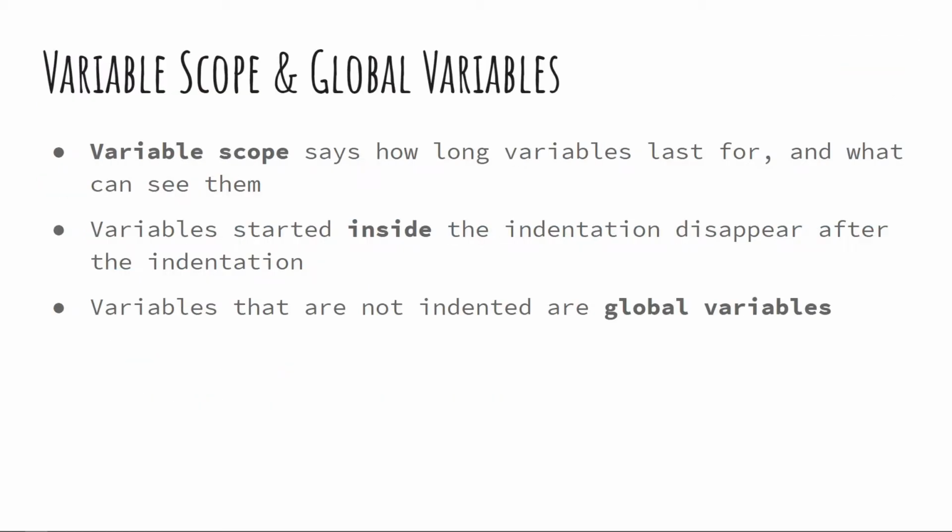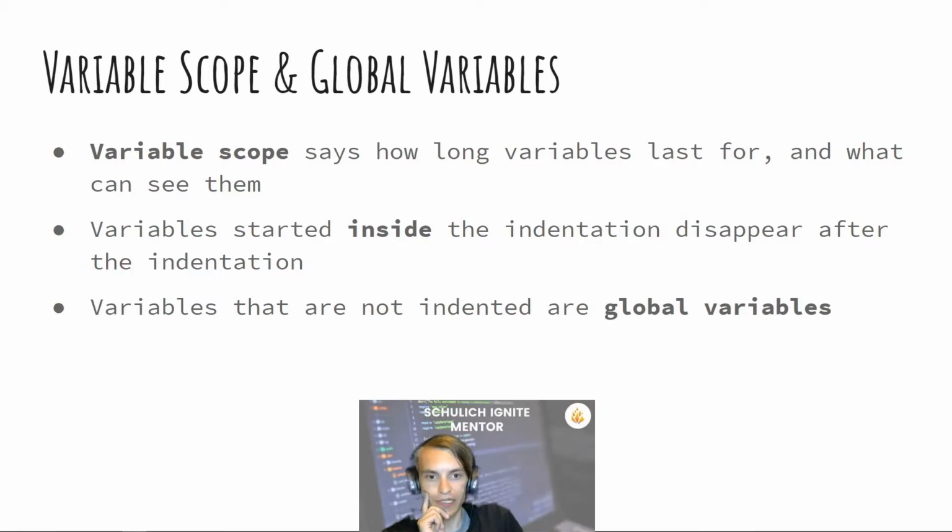So this is where we talk about variable scope. And again, as I mentioned earlier, variable scope has the potential to be a very confusing topic. So please do feel free to ask questions about this topic especially. But variable scope determines how long variables last for and what parts of the code can see them.